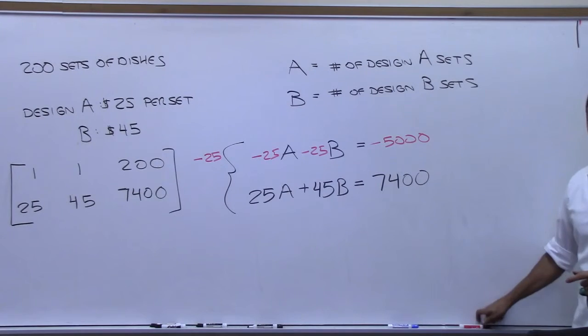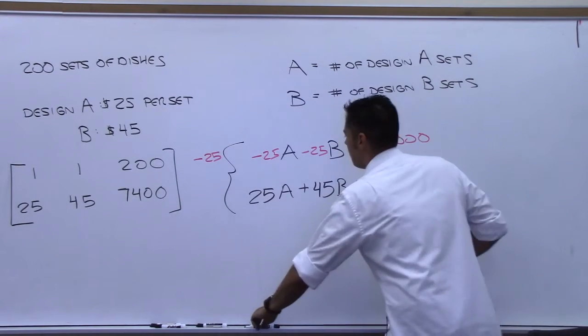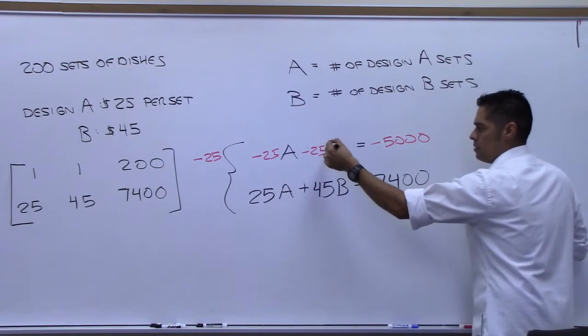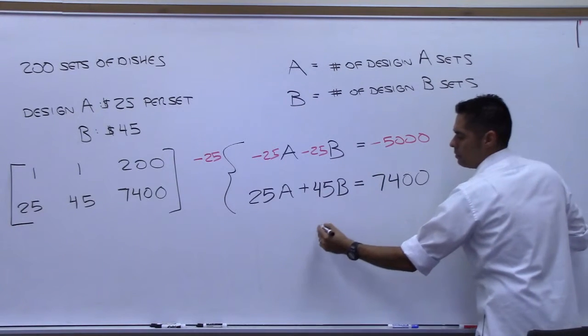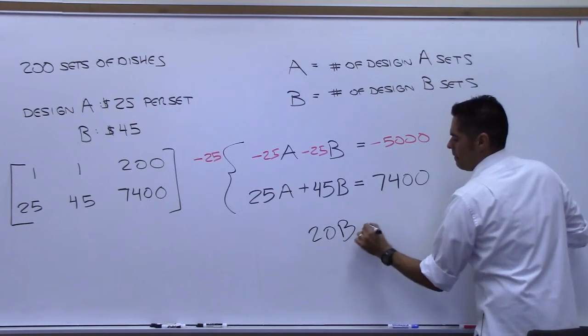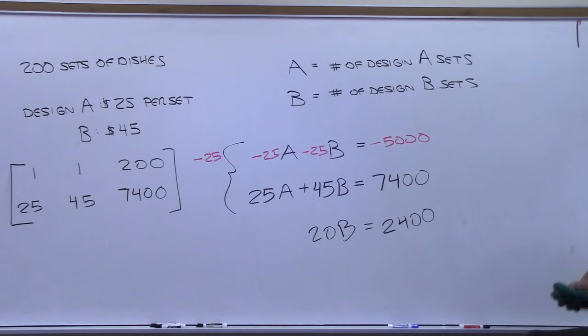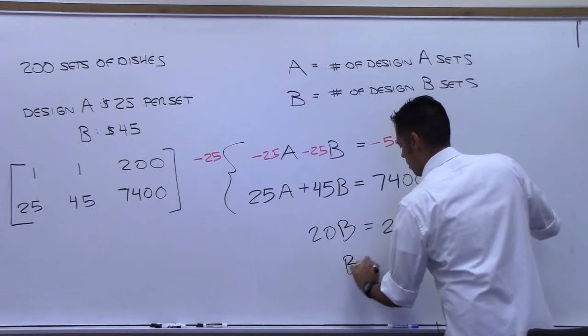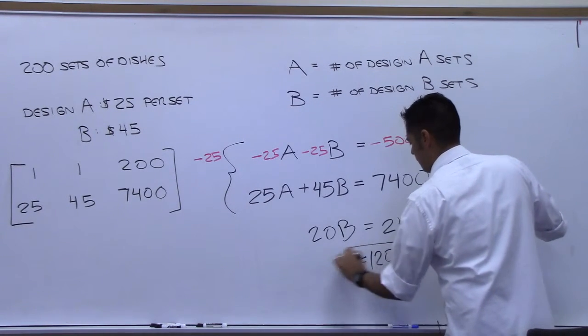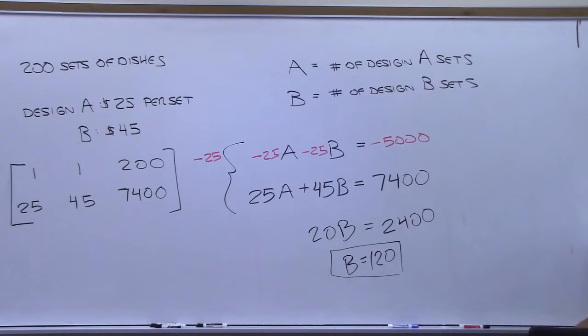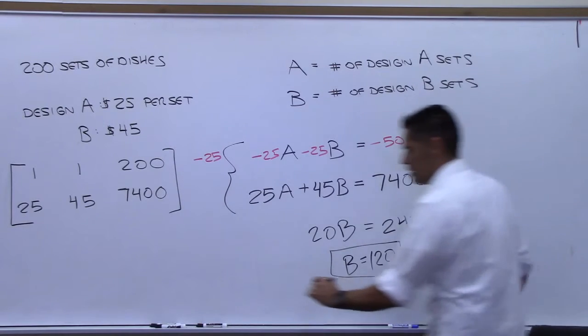Now we add straight down and get 0A, 20B equals 2,400. And so B is 120. Then to find A, 200 minus 120, A is 80.